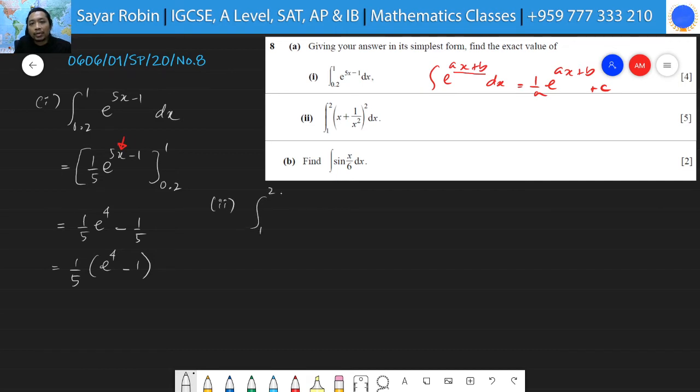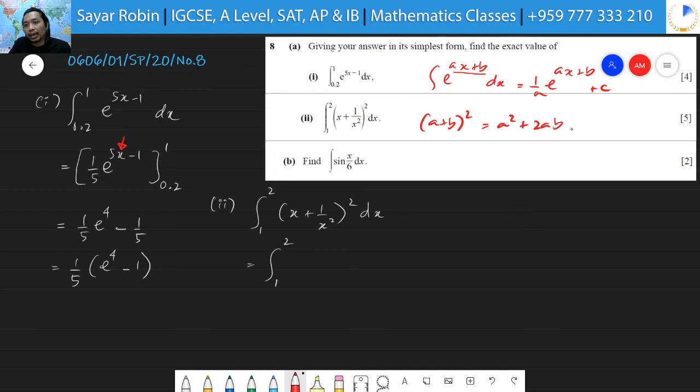Integrate from 1 to 2 of x plus 1 over x squared, the whole squared, dx. That's also easy because before we do the integration, we just need to expand the given binomial. You have to remember that a plus b the whole squared is equal to a squared plus 2ab plus b squared.